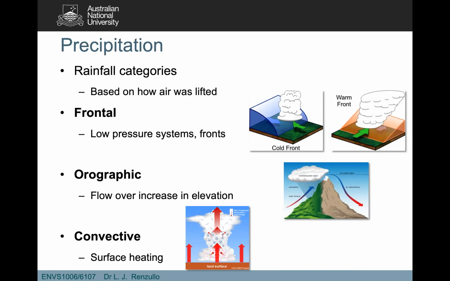Flow of air over a mountain leads to lifting of the air above it, and that's what we call orographic rainfall. And then there's the rain that's a result of the strong convective heating of the Earth's surface. We see this more commonly in the tropics, where there is an intense equatorial low as a result of the intense solar radiation heating in the region.